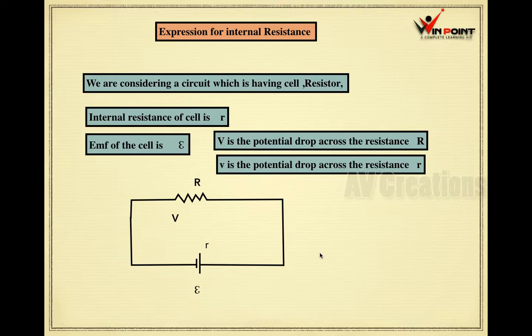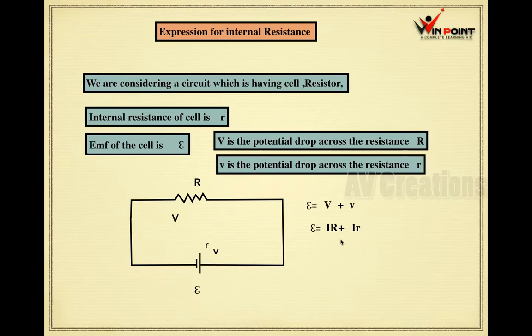What will be the total EMF? To find the total EMF, we need to add this voltage and this voltage, V plus v. So total EMF is always equal to V plus v. What is the equation for V according to Ohm's law? Current is I through the circuit, so it will be I into R. And what is the equation for v according to Ohm's law? It is also I into r.